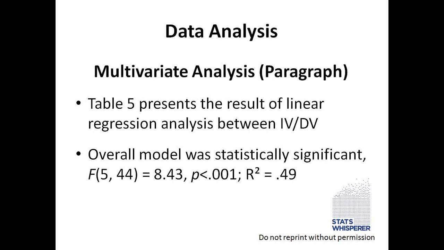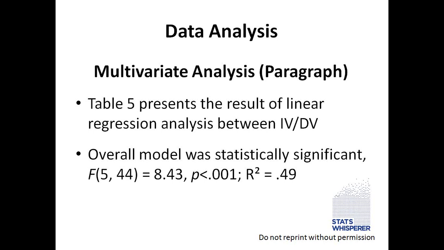The first thing to mention is whether the overall model was statistically significant, right? And if you're reporting it, it probably was. So there's the F value for the whole test, and the degrees of freedom, all reported on the printout, and the level of probability.